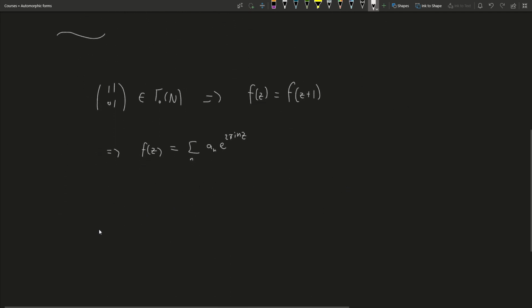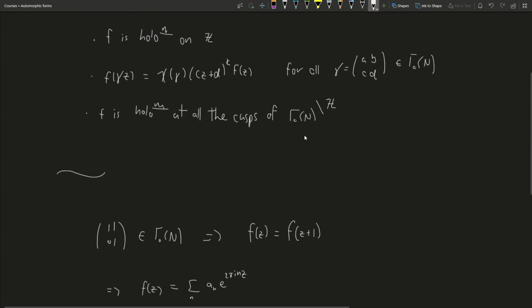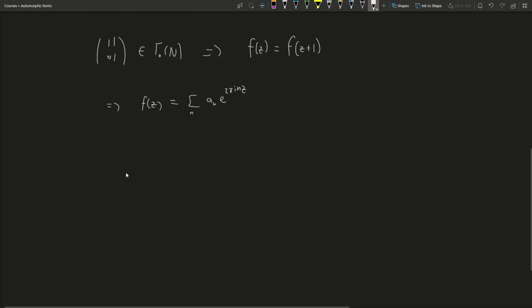Well, the third criterion, that it must be holomorphic at the cusps, we can think of this as, let's define q to be e to the 2 pi i z. So we can think of f as being a function of the variable q, and here we can write it's a sum over n of a n q to the n.